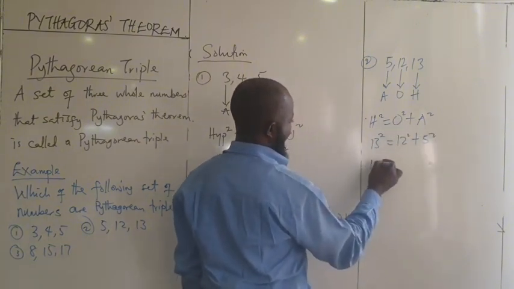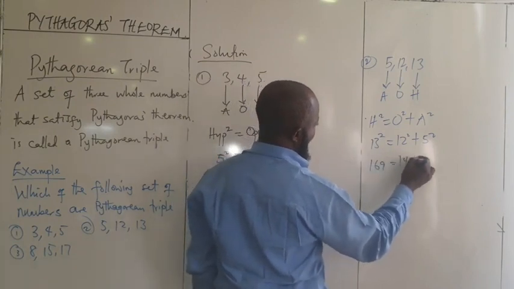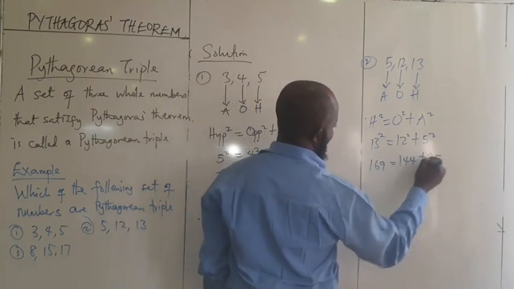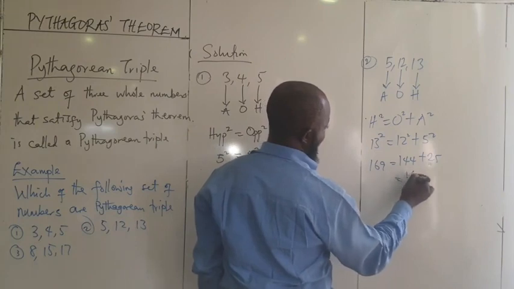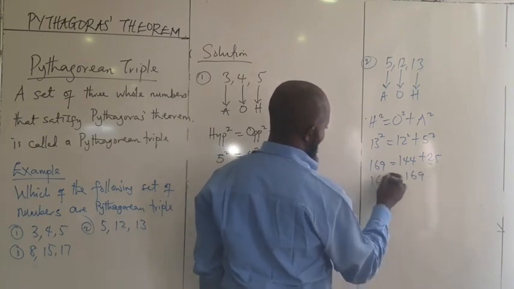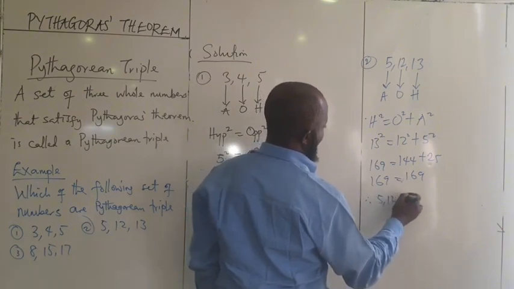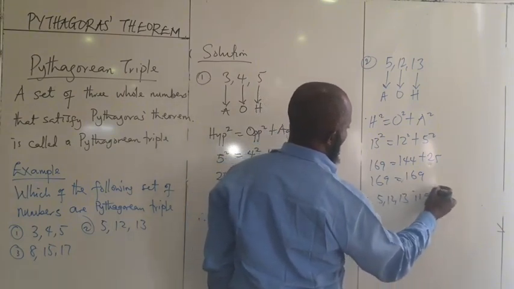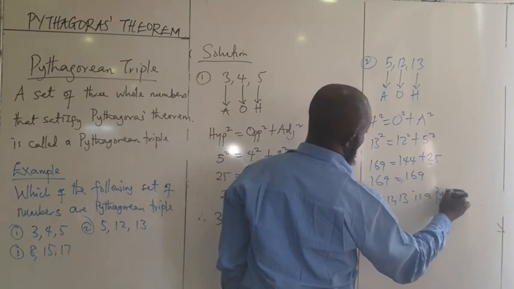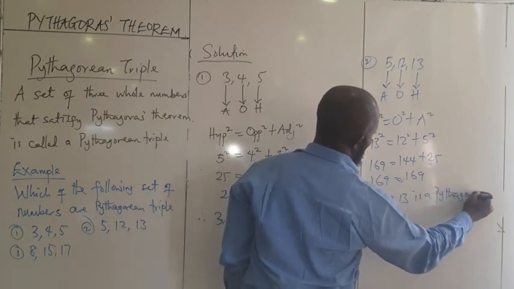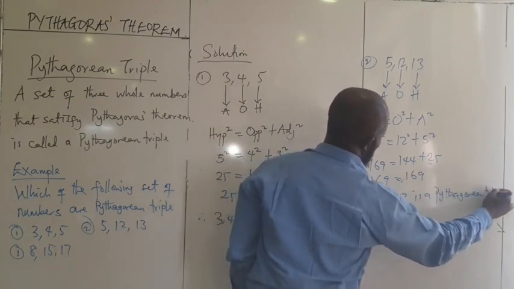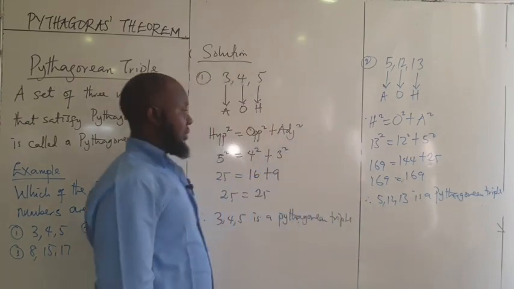So this is 169. This is 144 plus 25, which gives us 169. Therefore, 5, 12, 13 is a Pythagorean triple. How far, making sense?